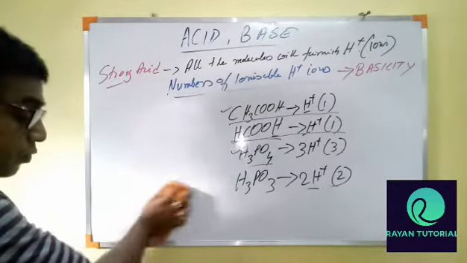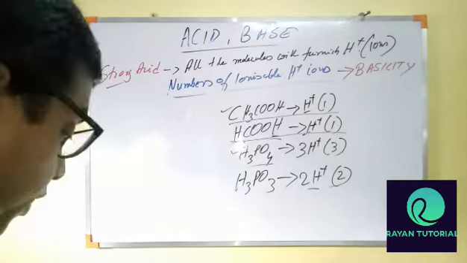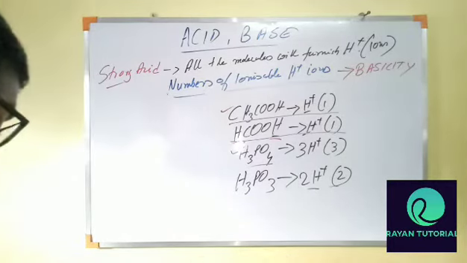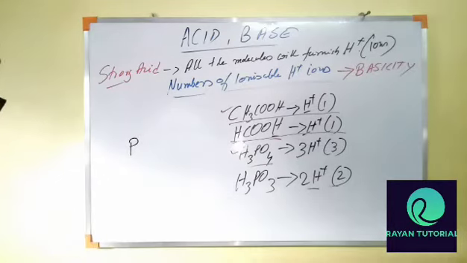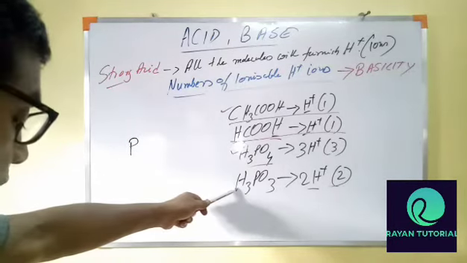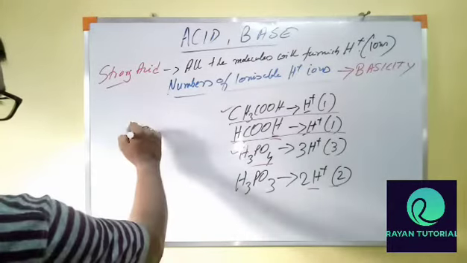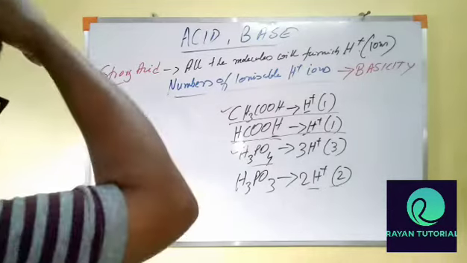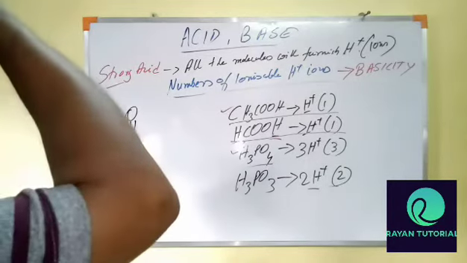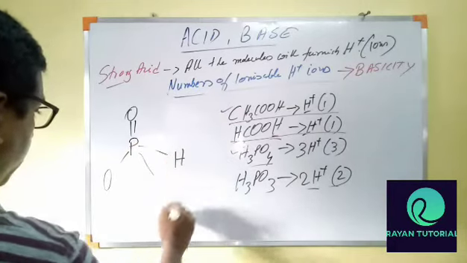Now let us see this one. H3PO3, phosphorus acid. H3PO3. Double bond here.